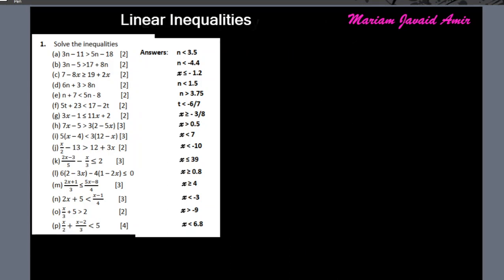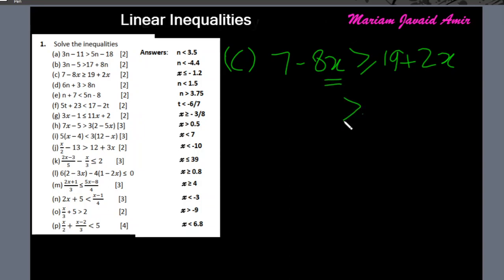Part C. 7 minus 8x is greater than or equal to 19 plus 2x. So, taking 8x to the other side to make it positive, this becomes 2x plus 8x. Again, I'm repeating that in inequalities, it's better to rearrange the values in such a way that the coefficient of x becomes positive.